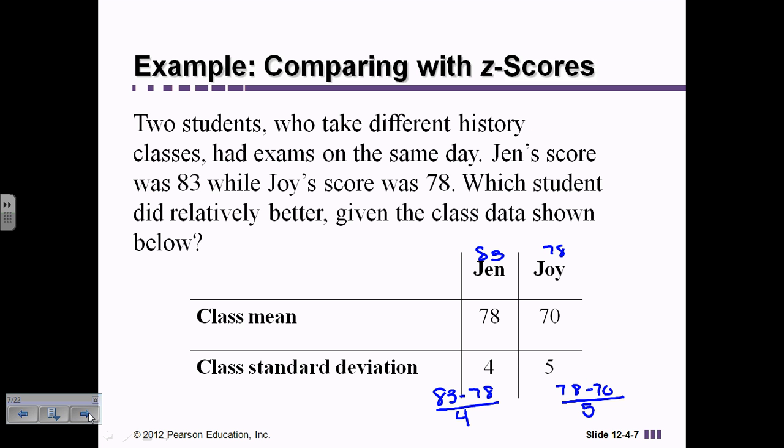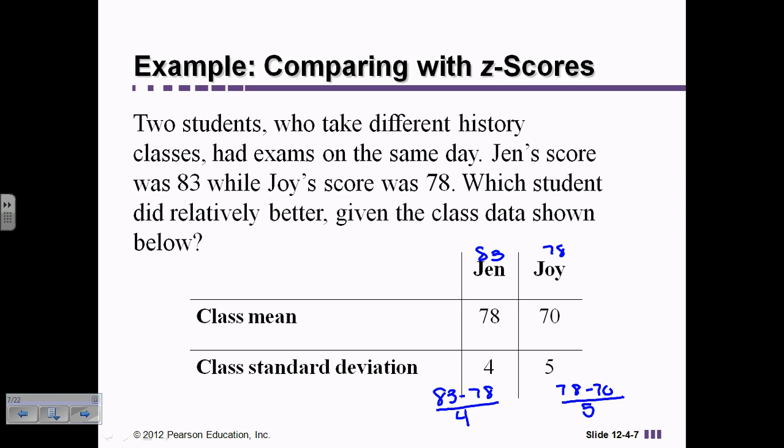So here's an example where we have two students, Jen and Joy, and we're trying to figure out what their z-scores are. So Jen's score on the test was an 83, and Joy's score on the test was a 78. So if we do our z-score for those two grades, the 83 is Jen's minus the average of her class, which is 78.